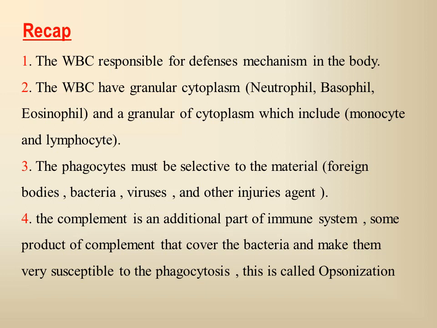Also, phagocytes must be selective to the material, meaning selective to foreign bodies, bacteria, viruses and other injurious agents. The complement is an additional part of the immune system that covers the bacteria and makes them very susceptible to phagocytosis. This process is called opsonization.